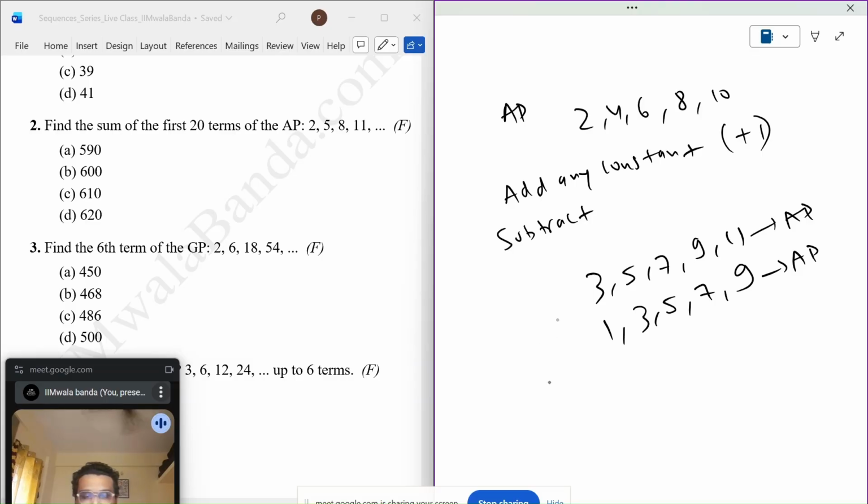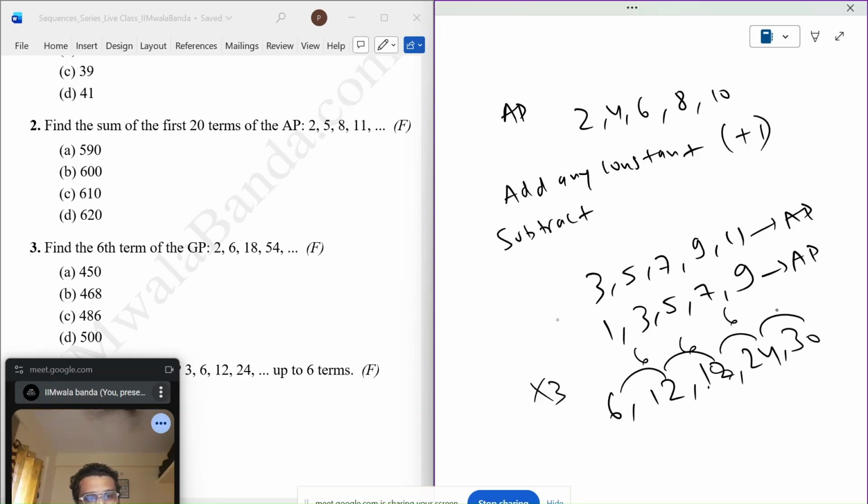The difference, the d, will get modified. But if you multiply it by, let's say, 3, so this will become 6, this will become 12, this will become 18, sorry, I'm doing it by 3, right? Yeah, 12, 24, 30. Now you see the difference is again the same, and the difference which was initially 2 also got multiplied by 3.